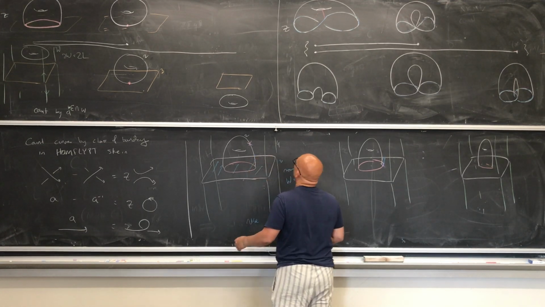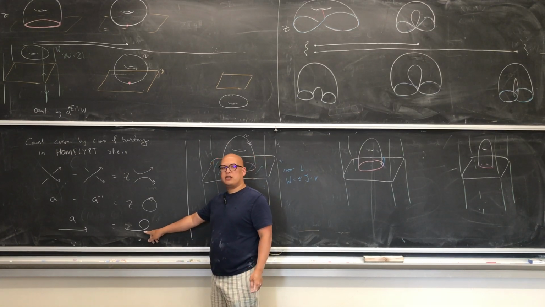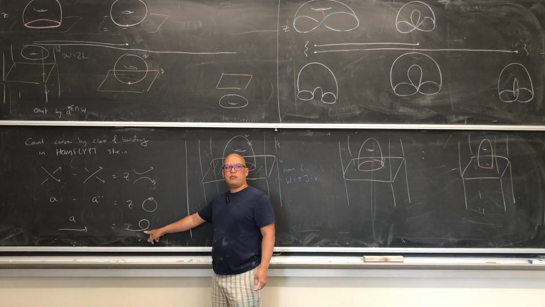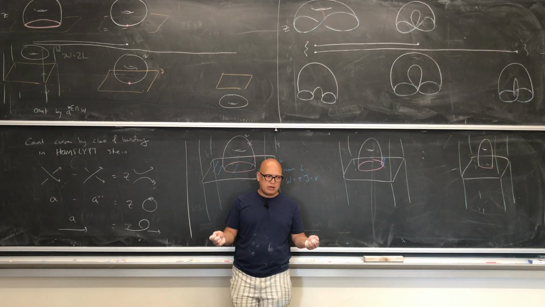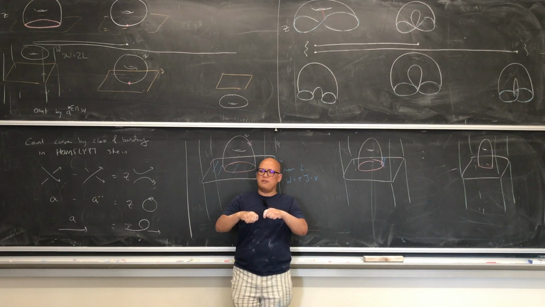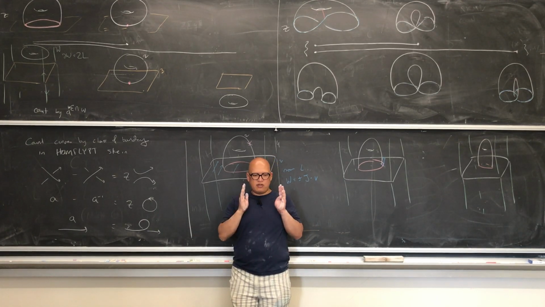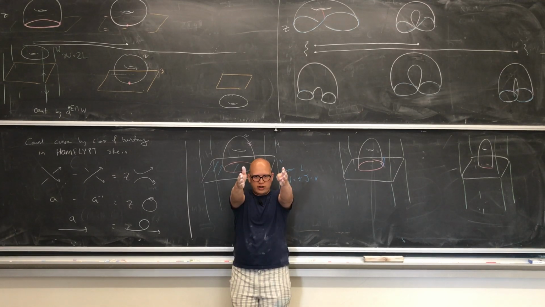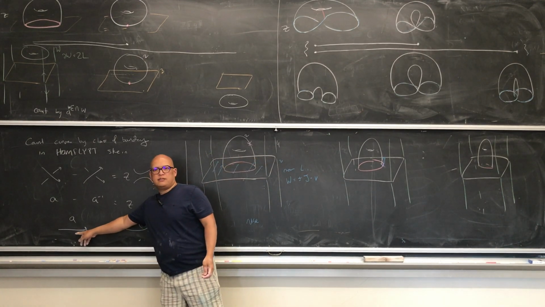We use, so I wrote these skein relations. I didn't explain to you what on earth this meant. And what it means is that these skein relations are relations not for links, but for framed links, and framed means you choose a direction to push them off themselves everywhere. And this picture means that I push them off themselves. Whenever I draw them, you push them off themselves in the direction that comes at you, and then this is really different than this.